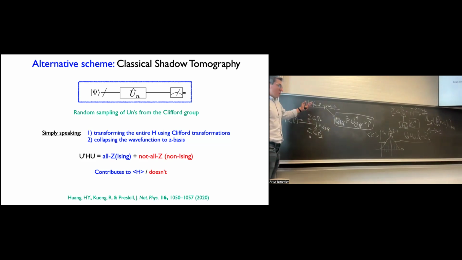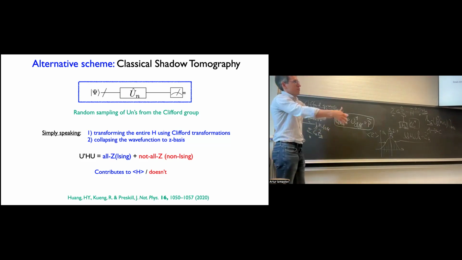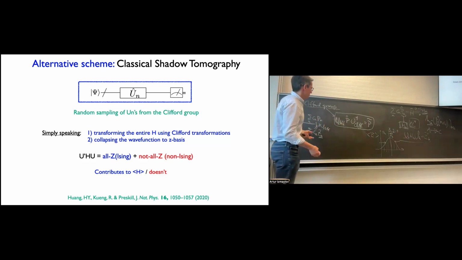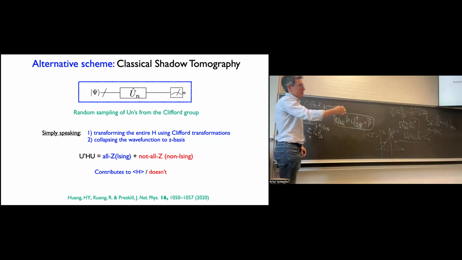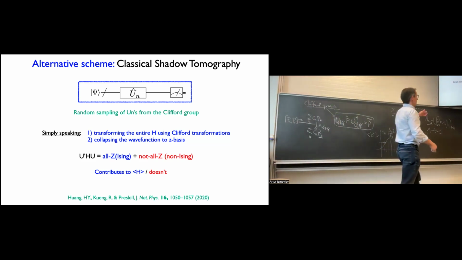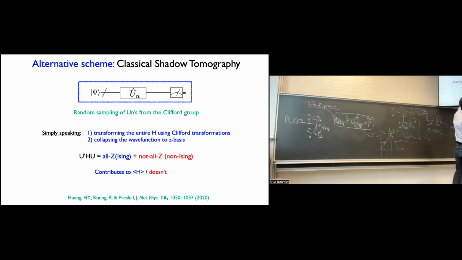And then what in this shadow tomography is really done is choosing random unitaries from the Clifford group, applying them to the Hamiltonian, and then doing the measurements effectively.